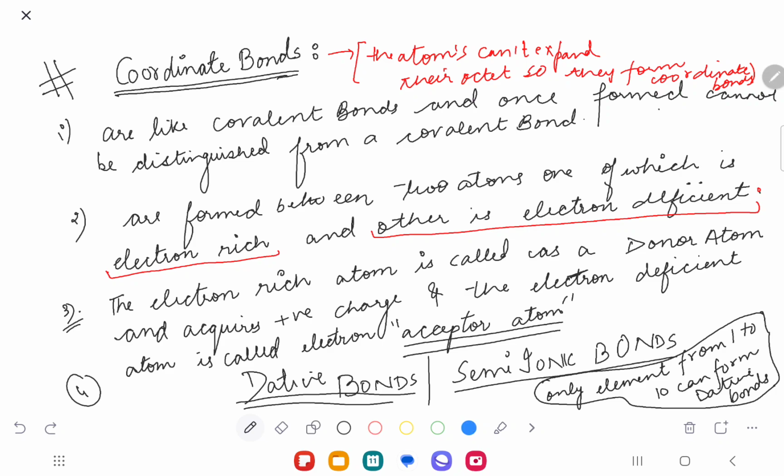All right, now understand what is happening here. For example, take the ammonium radical. How is it exactly formed? We have ammonia.